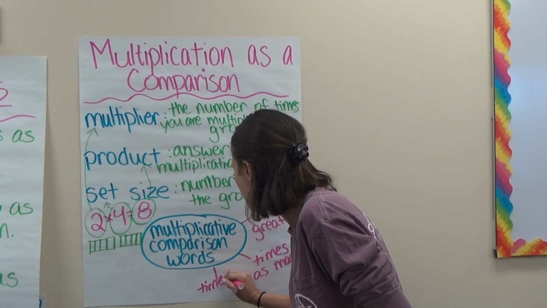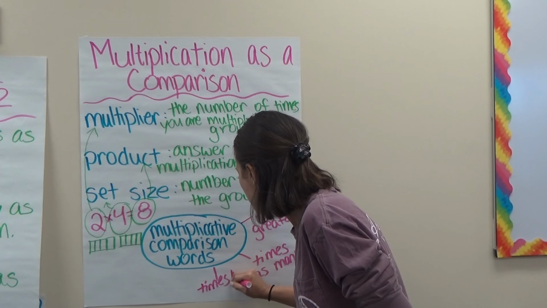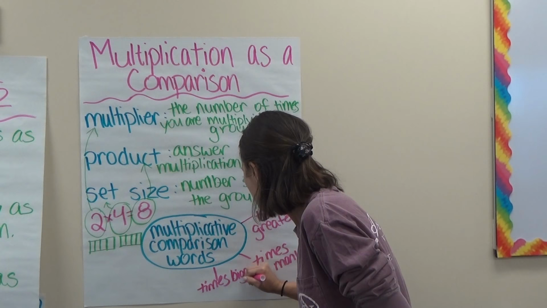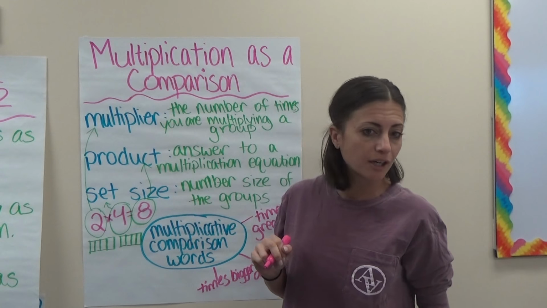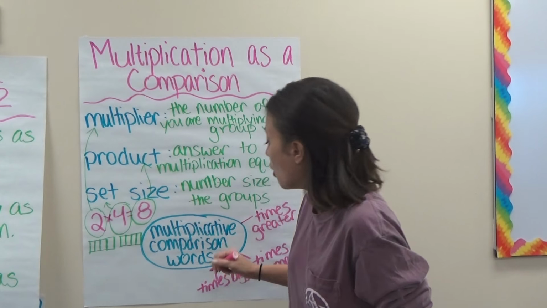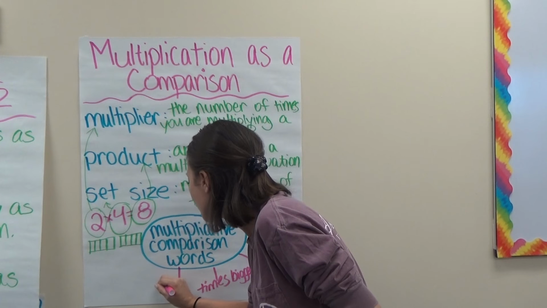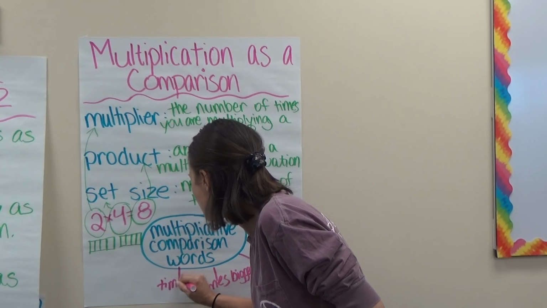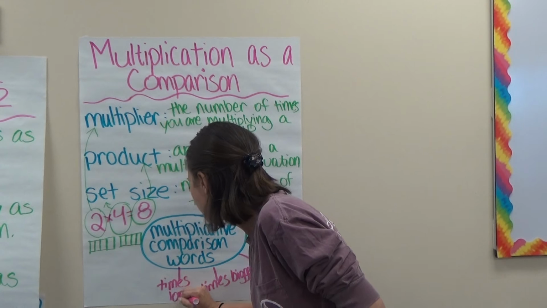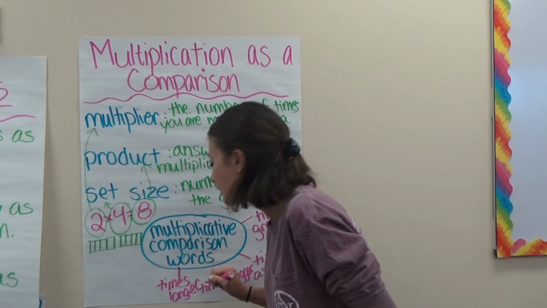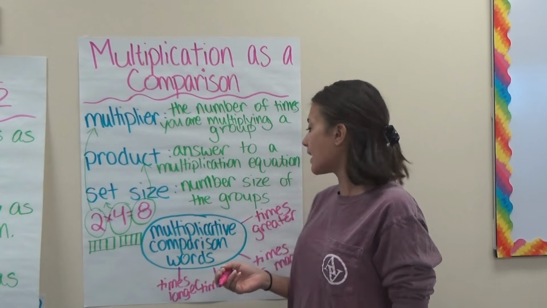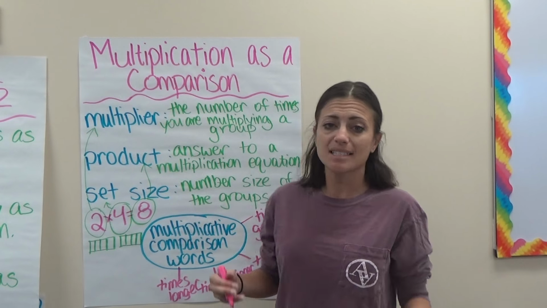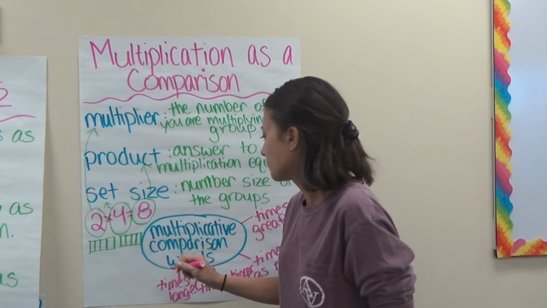See if you can think of one. Times bigger. We also have times longer. Maybe they're talking about length or distance. Times longer. And sometimes they'll say times as big or times more.